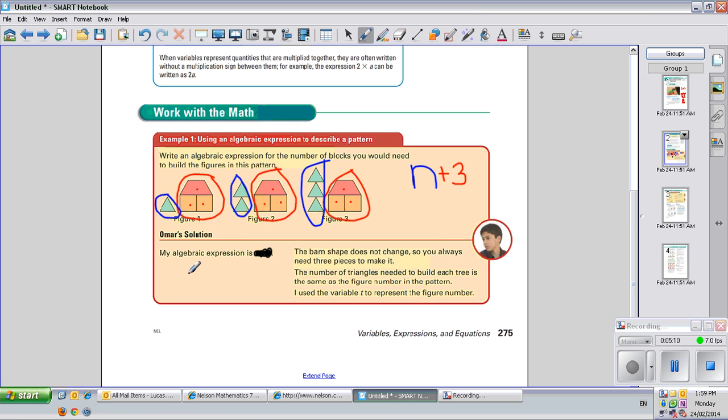Now, if we were to double check this, we would create our chart. Term number and term value. So term number would be each picture, and term value would be your blocks.